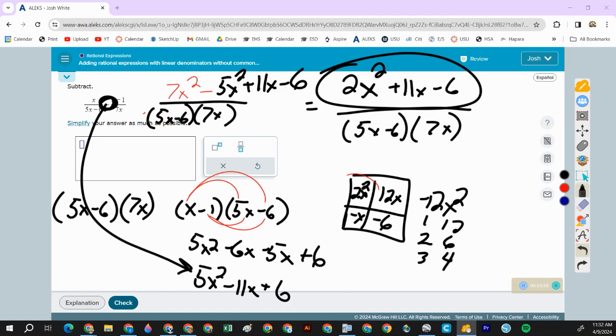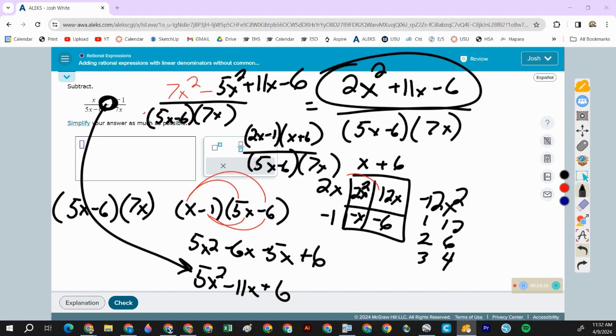So we pull out a 2, 2x, which would be x plus 6, and this would be minus 1. So it becomes 2x minus 1 times x plus 6 over 5x minus 6 and 7x. Does anything cancel? No, it doesn't. So I did all that for nothing. Let's do another one.